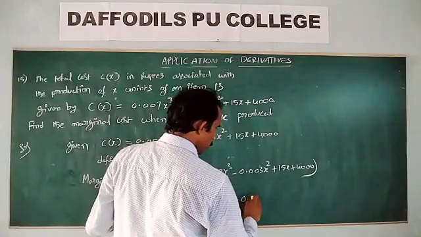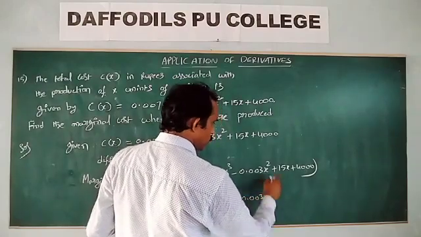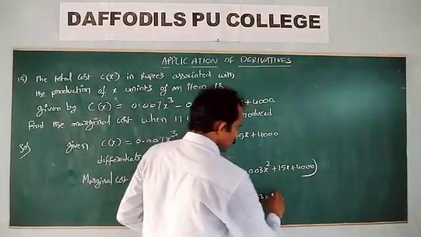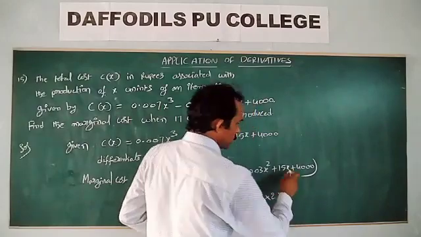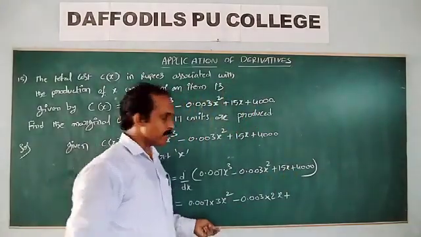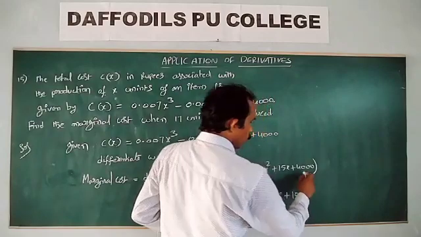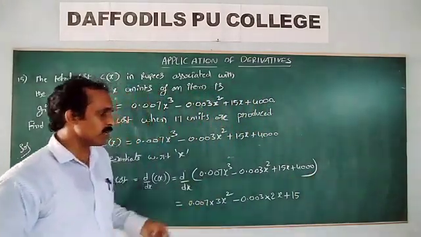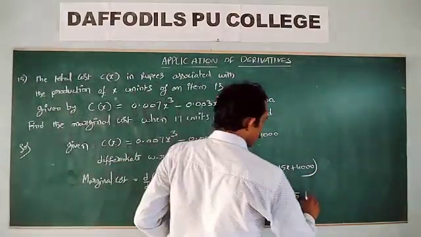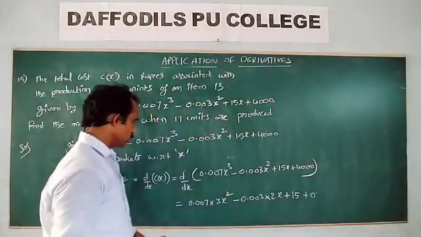Minus 0.003 into derivative of x square, 2x, plus 15x derivative 15, and 4000 derivative of a constant is 0.